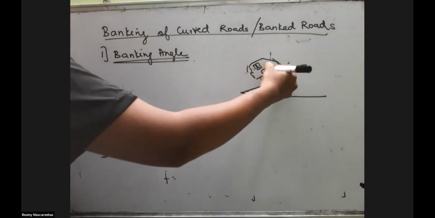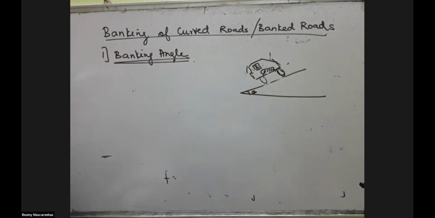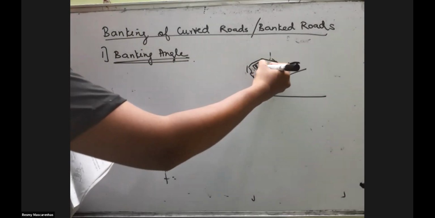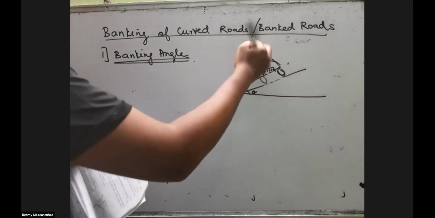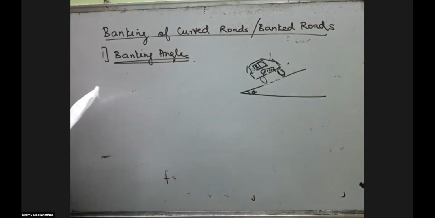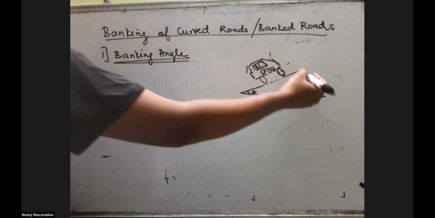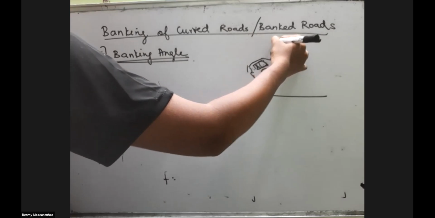This would be the front part. It looks as if it's going this side, but you just have to remember it's coming this side, the outer side. So now you can draw the road like this.